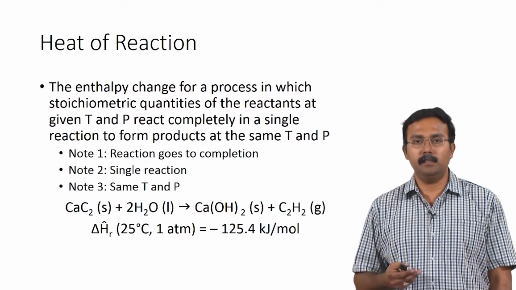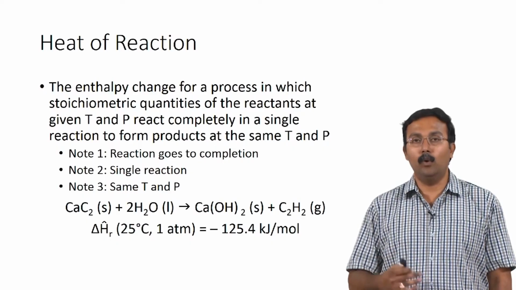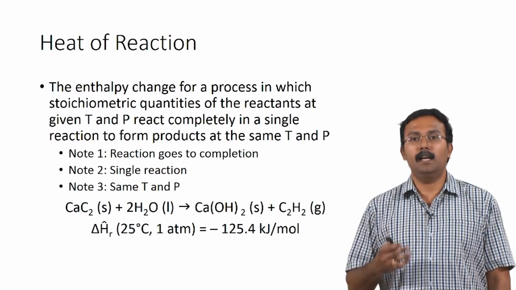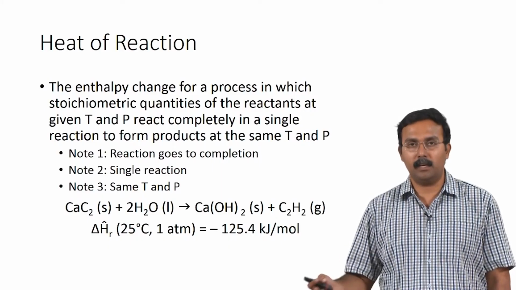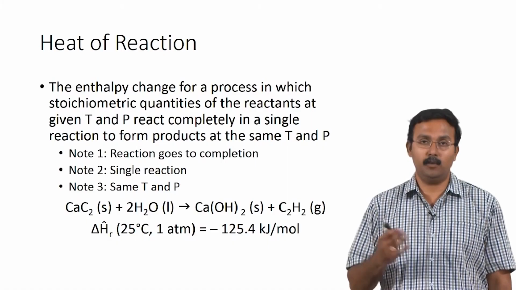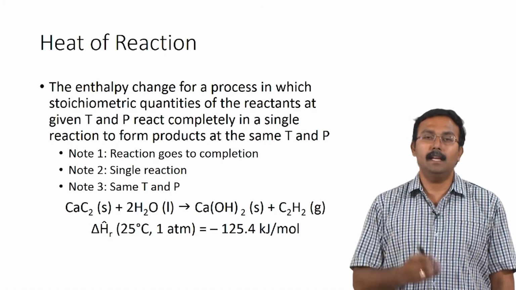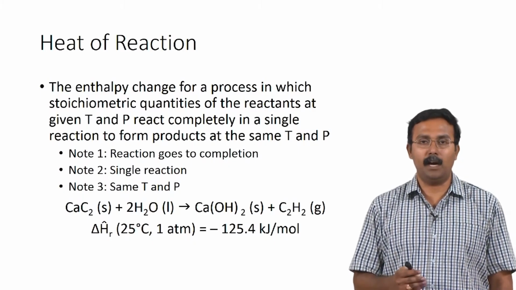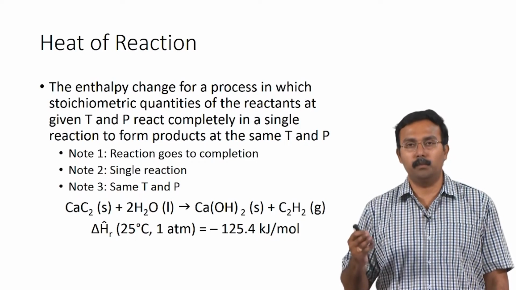So, what this means is when this reaction goes to completion, and this is the only reaction which is happening, and if the reactants and the products are at the same temperature and pressure before and after the reaction, and if that temperature is 25 degrees Celsius and the pressure is 1 atmosphere, then the heat of reaction you have is minus 125.4 kilojoules per mole.